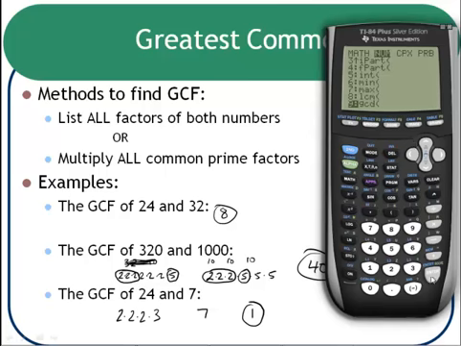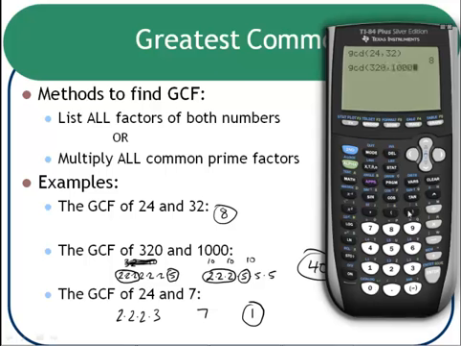But anyway, you can do greatest common divisor, and then list your numbers in order separated with commas. So 24 and 32, the greatest common divisor of those two numbers is 8. And if I do the same thing, I'll go back to math, over to number, down to greatest common divisor of 320 and 1,000.